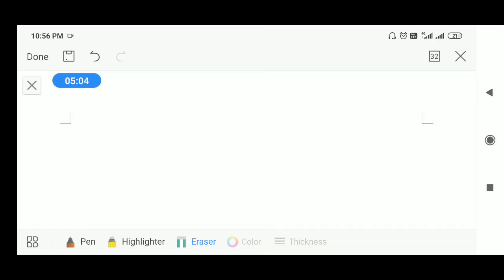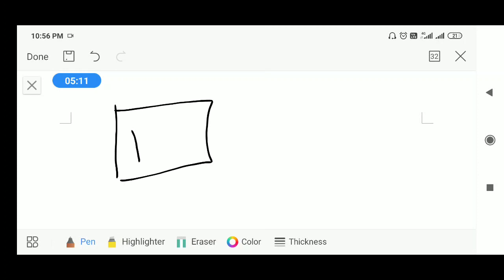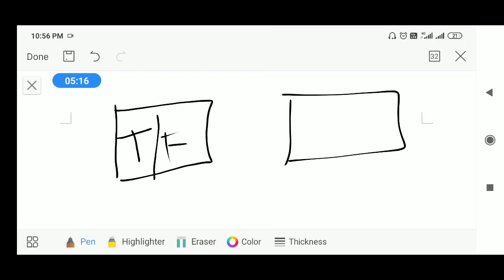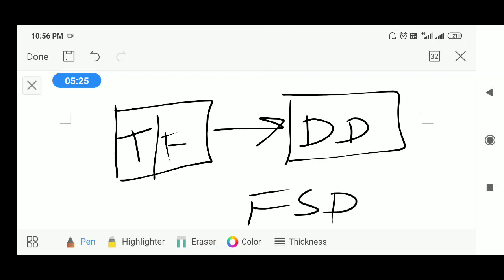So Foster-Seeley discriminator comprises two sections. One is transformer, second section is diode detector, and this combination of two sections is known as Foster-Seeley discriminator, and which converts FM signal into baseband signal or modulating signal, right?